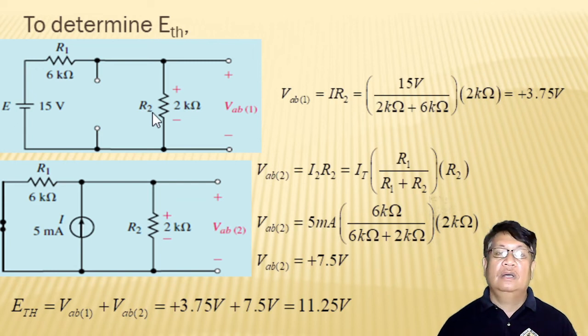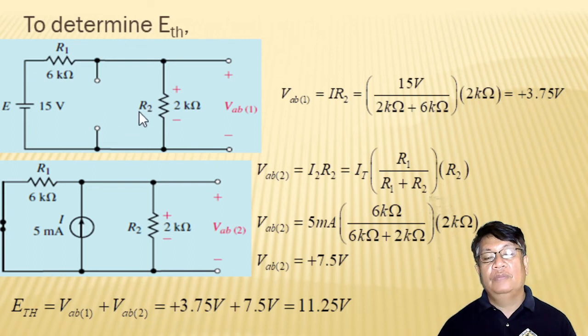I hope that you can follow. The current that will flow here at R sub 2 is simply equal to the voltage source divided by the sum of these two resistances, because they are connected in series. So we have this one, which is equivalent to our current.